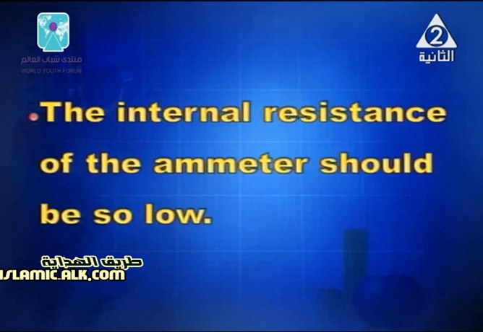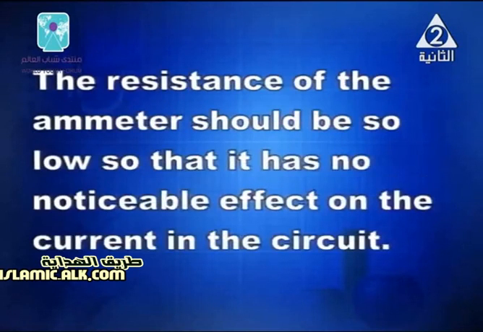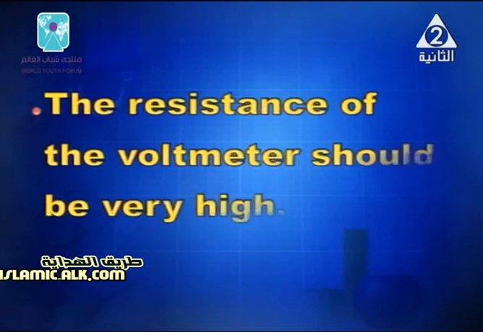Give reason 4: the internal resistance of the emitter should be so low. Why? We want the emitter to have very low resistance, so that it has no noticeable effect on the current in the circuit. And another give reason: the resistance of the voltmeter should be very high.